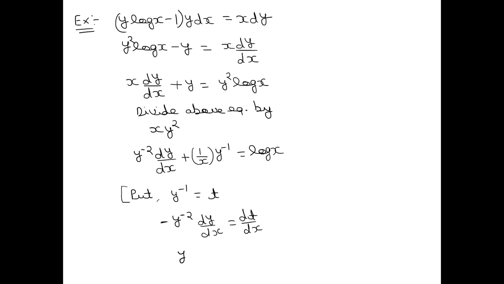So y raised to the power minus 2 dy by dx equals minus of dt upon dx. Now substitute y raised to the power minus 1 equals t and y raised to the power minus 2 dy by dx equals minus dt by dx in this equation.